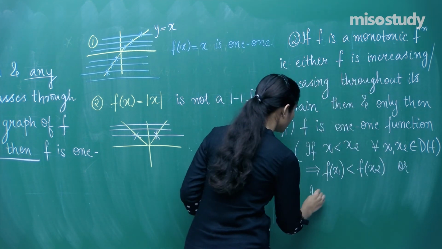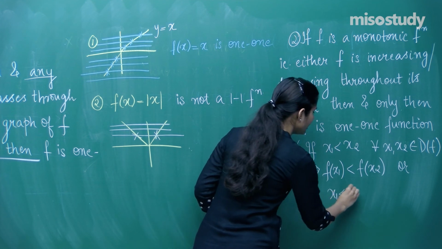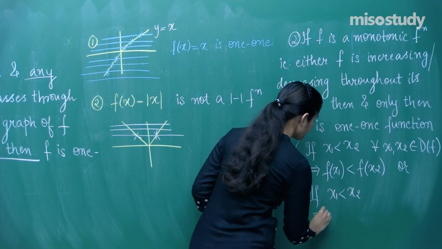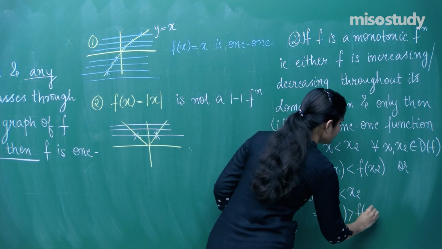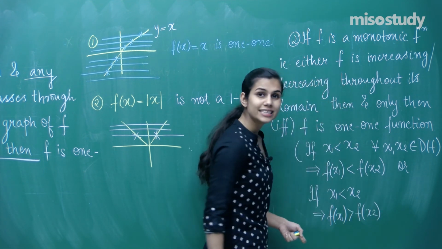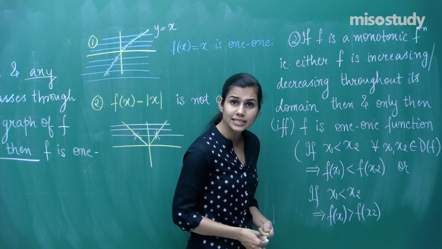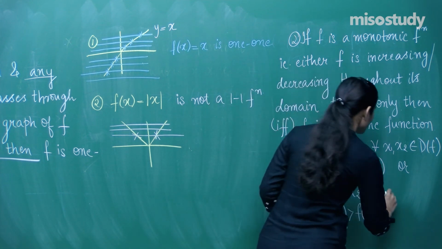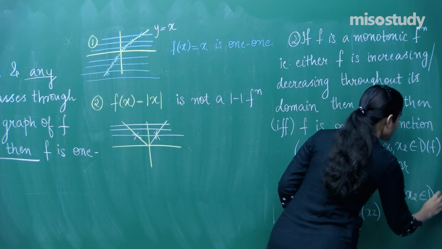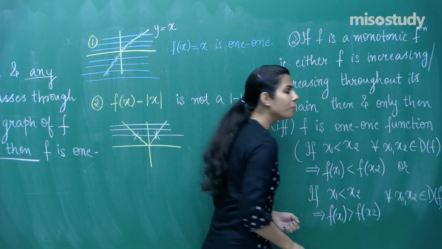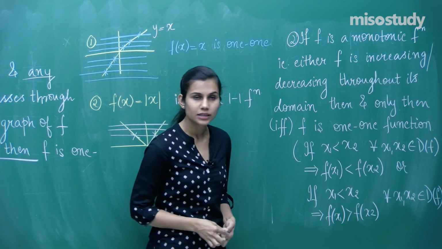Or if x1 is less than x2, it implies f(x1) is greater than f(x2). This implies the function is decreasing throughout. This should be true for every x1, x2 in the domain of the function f.